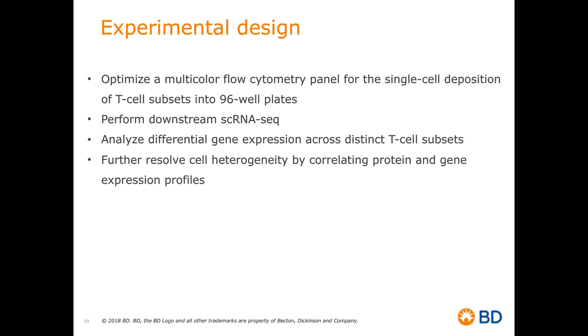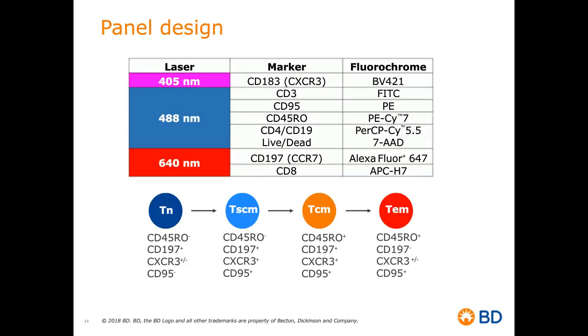Starting from the panel design, we utilized best practices of panel design in order to guarantee maximum resolution and sorting precision of the population of interest, by taking into consideration antigen density, antigen co-expression, and fluorochrome brightness and spillover.